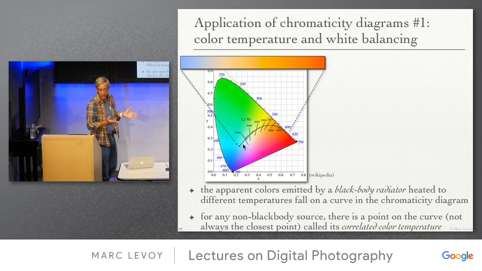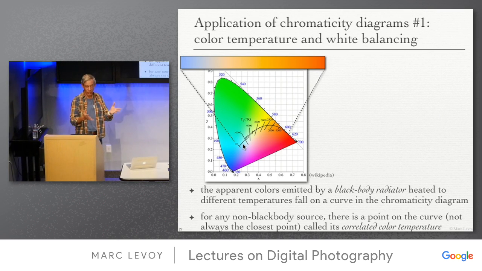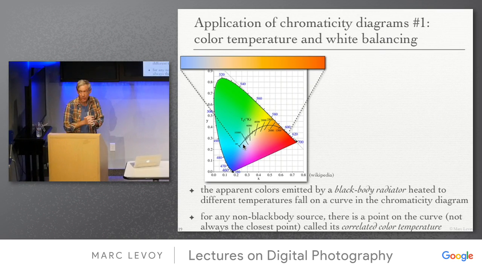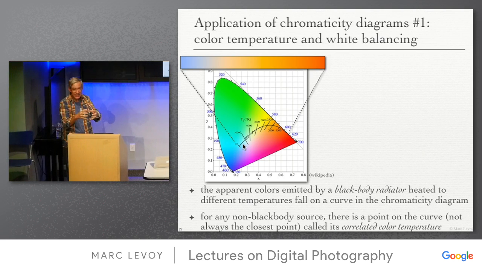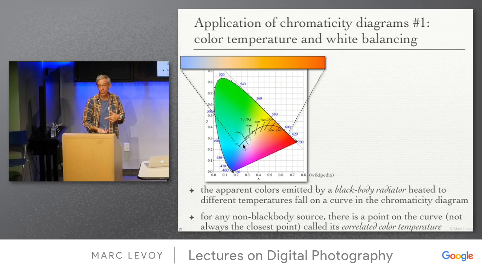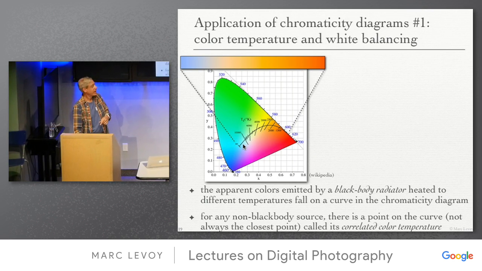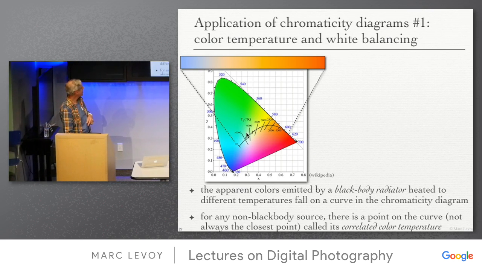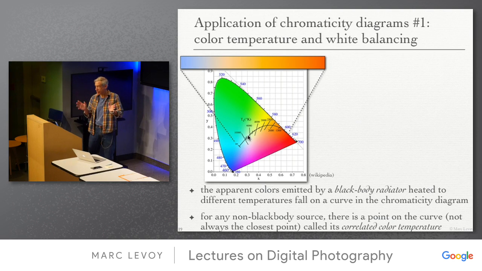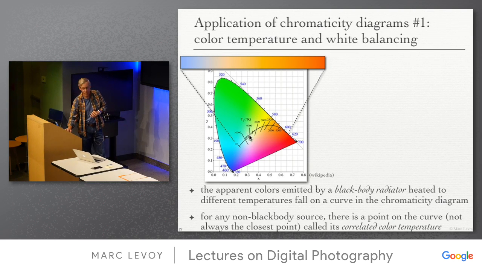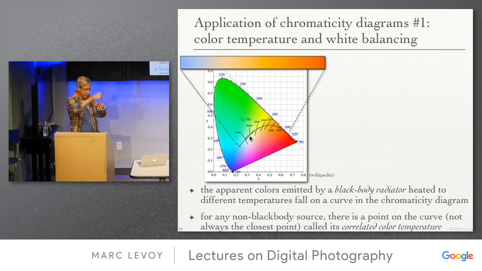So not all light sources that we would deal with in photography lie along this line, because we're not always illuminating things by bodies heated to incandescence. So we talk instead about a correlated color temperature. And a correlated color temperature means, well, we find a point somewhere on this curve that looks like it. It isn't necessarily a perpendicular drop to that curve. It's a nearest point in some other space.